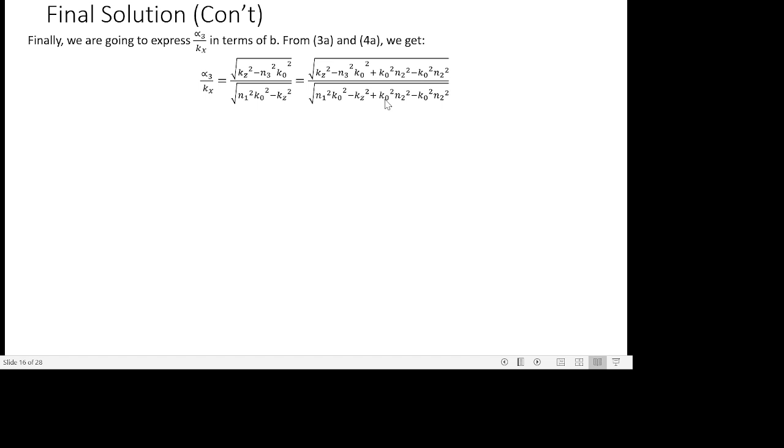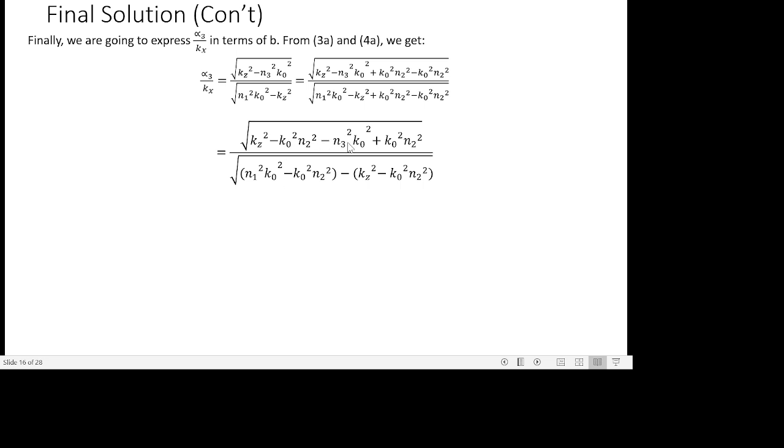It will stay the same. And the next thing we are going to do is to move this term, k log minus k log square and n2 square, to the second position. And we got this one.